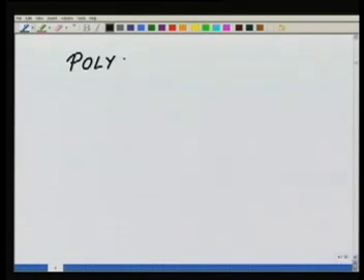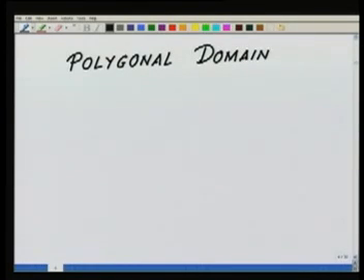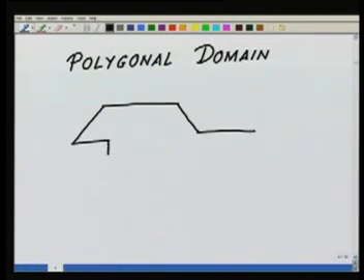Let us remember that throughout we have only been talking about polygonal domains. So let us take one polygonal domain, which is like this.